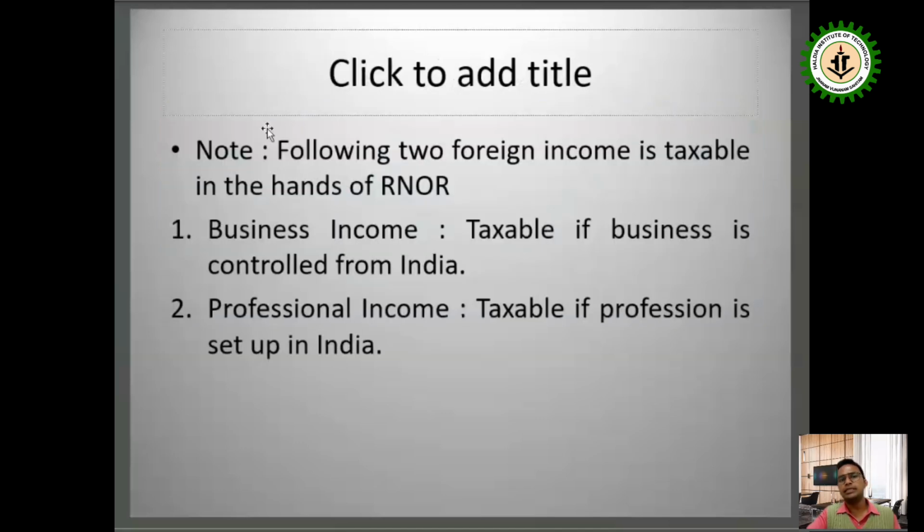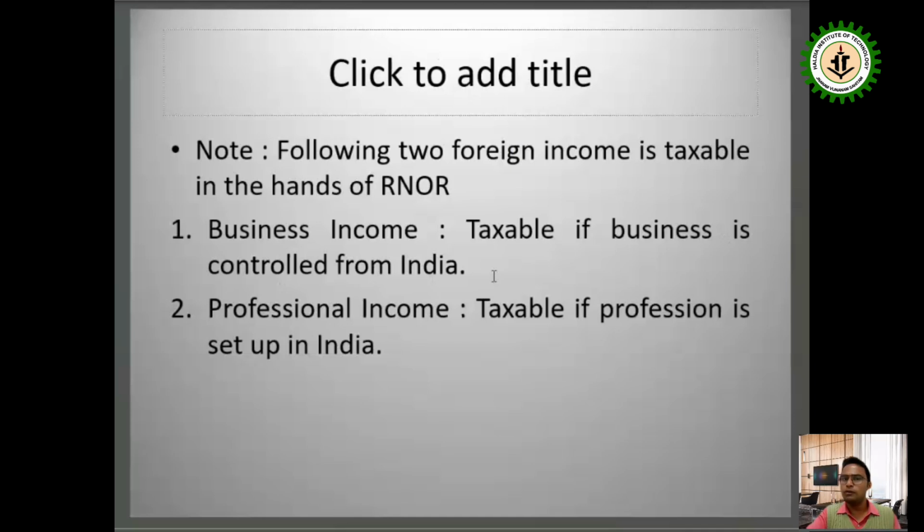The note is that the following two foreign incomes are taxable in the hands of RNOR. That means there are two types of income which are taxable in India for RNOR. What are the two foreign incomes? First is business income, taxable if the business is controlled from India.